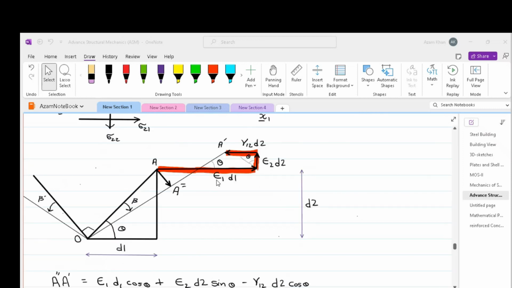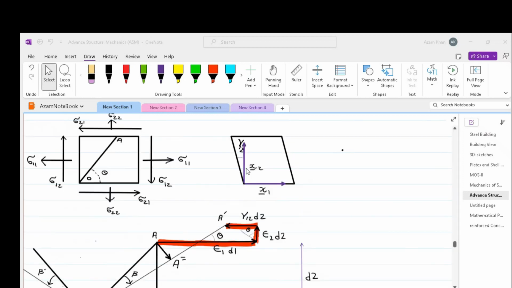The reason strain 1 is multiplied with D1 is that we are trying to find the deformation, which is equal to strain times the original length D1. Using the same logic, we multiply strain 2, which is in the x2 direction, with the original length D2. And the shear distortion gamma 1 2 can be multiplied with D2 in the x1 direction.